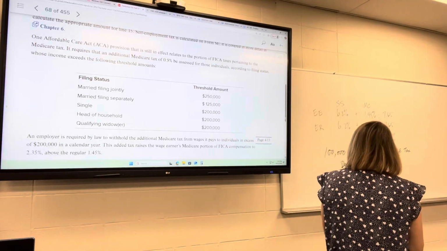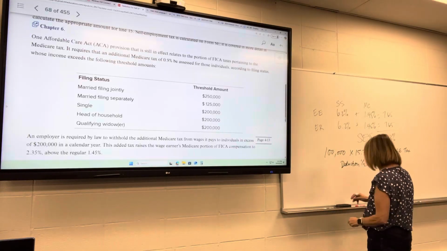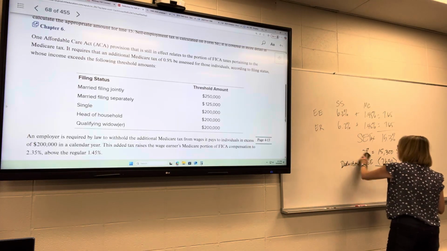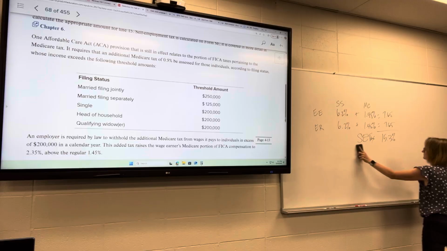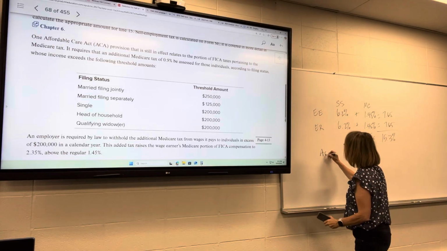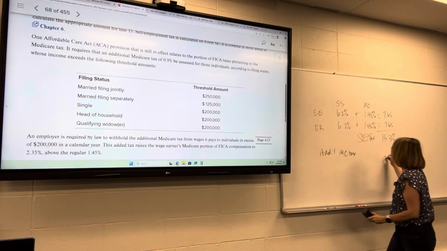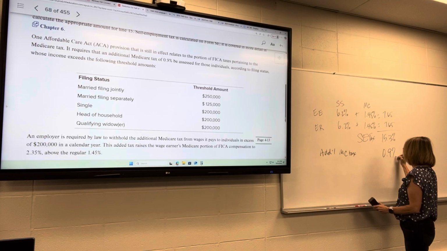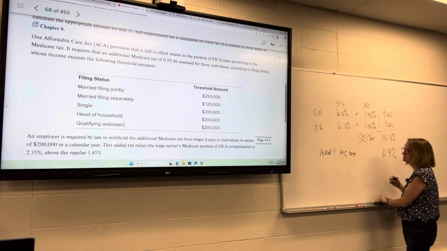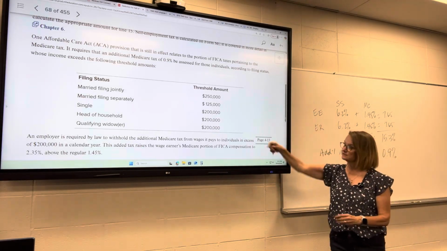And remember, the additional Medicare tax is 0.9%, and this is on amounts above these thresholds.